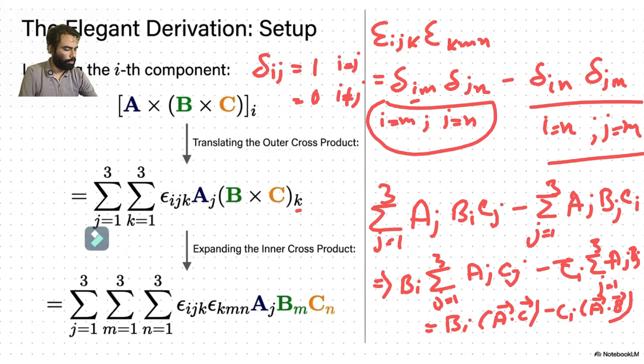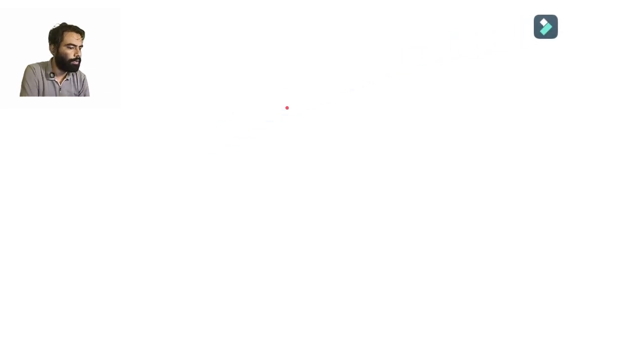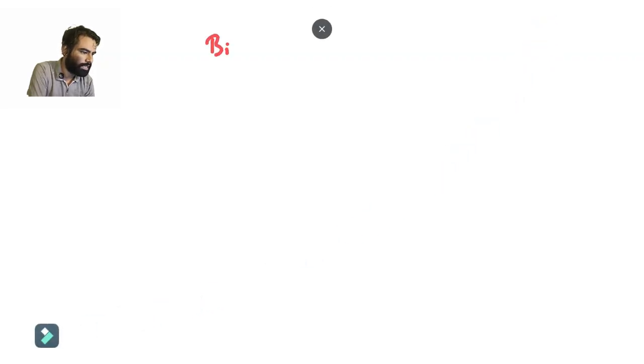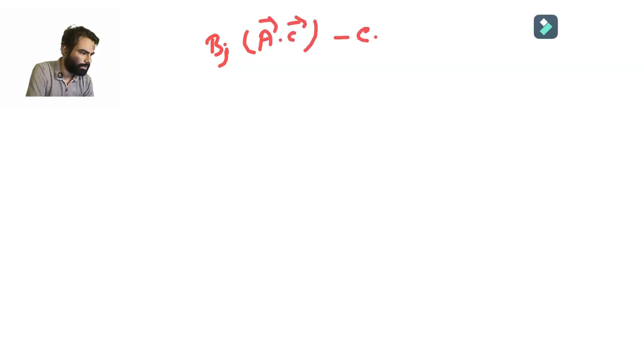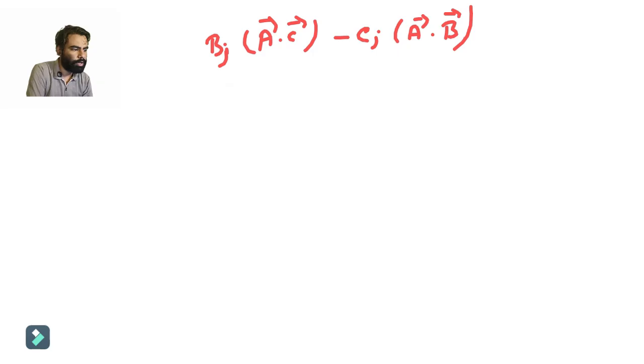In the same way, with the Levi-Civita you can find the second component. That is bj times a dot c minus cj times a dot b, along with the ey component.